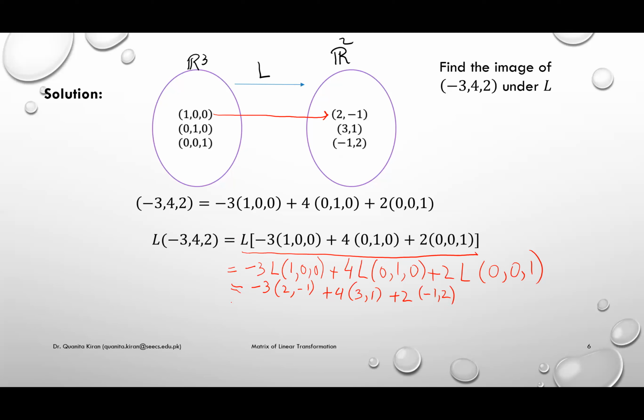After simplifying this, we get the image as (4, 11). So the image of (-3, 4, 2) under L is (4, 11).